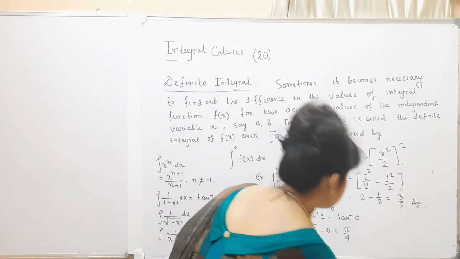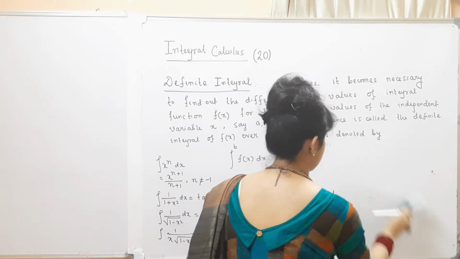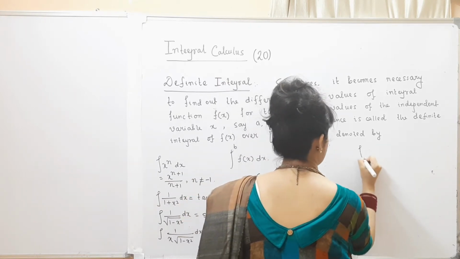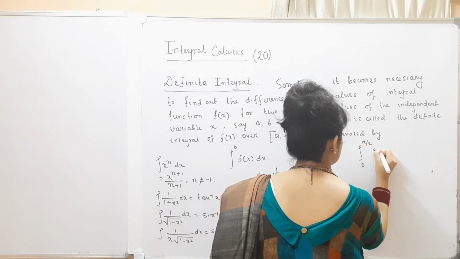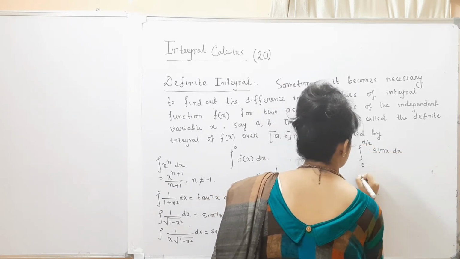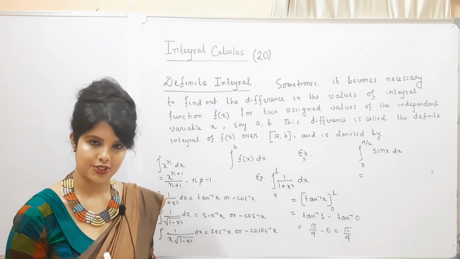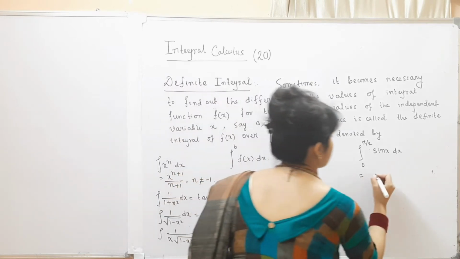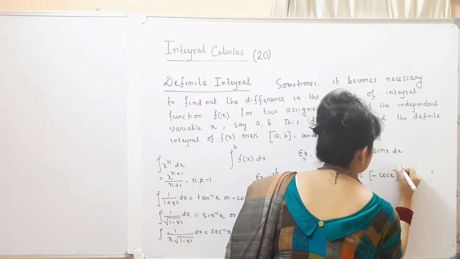Similarly, there is another example: integration from 0 to pi by 2 of sin x dx. I have already mentioned that integration of sin x dx is equal to minus cos x. So you can write it as minus cos x from 0 to pi by 2.